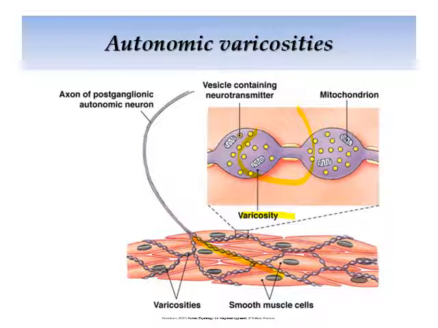The branches, as you can see, lie across the surface of the target tissue. So the neurotransmitter is simply released into the interstitial fluid to diffuse to wherever the receptors are located. The diffuse release of autonomic neurotransmitter means that a single postganglionic neuron can affect a large area of the target tissue.